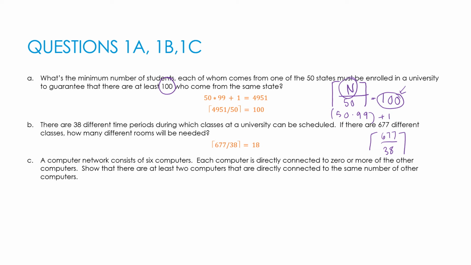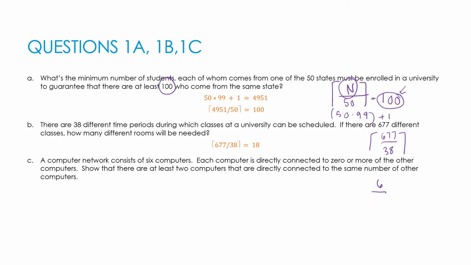Last one. Computer network consists of 6 computers. So we have 6 computers. Each computer is directly connected to 0 or more of the other computers. So again, we think, what are the number of pigeons? What are the number of boxes? Well, we know that I have 6 things, and the question is, what's the number of connections?